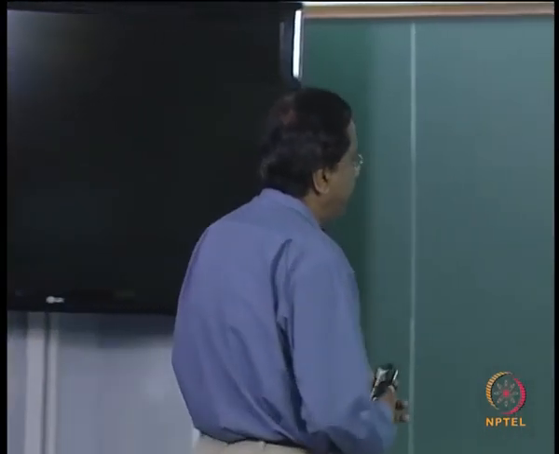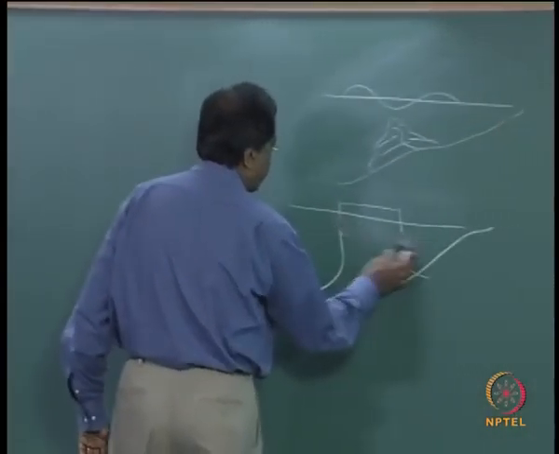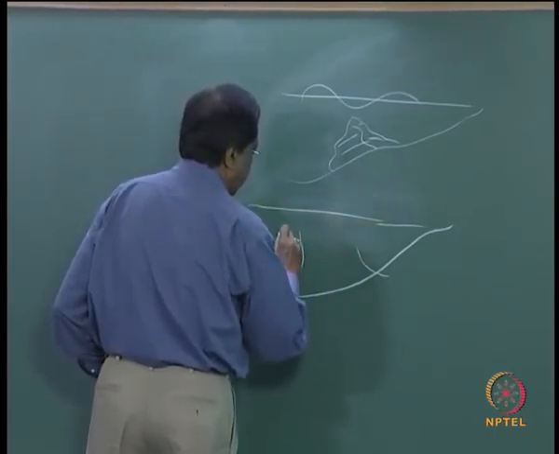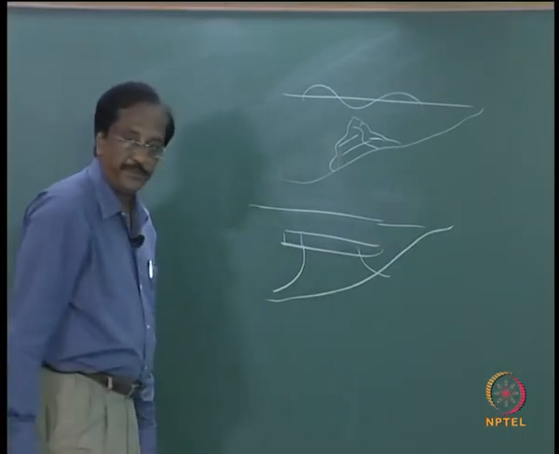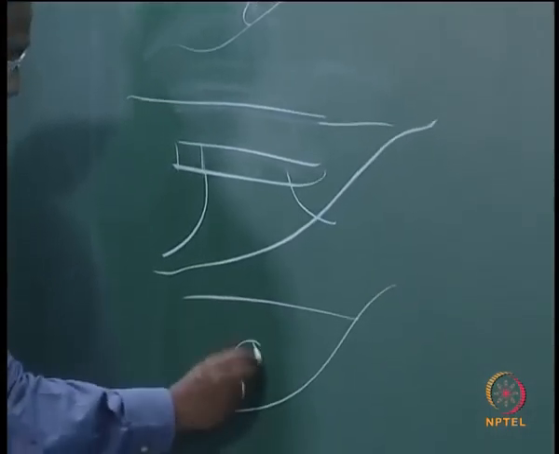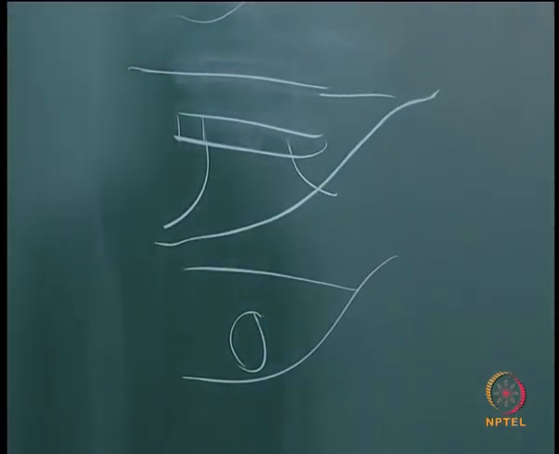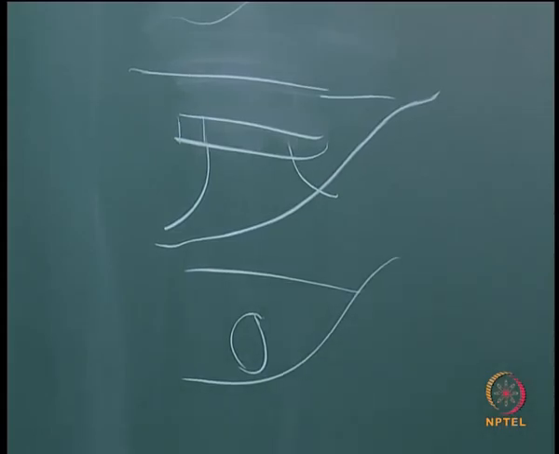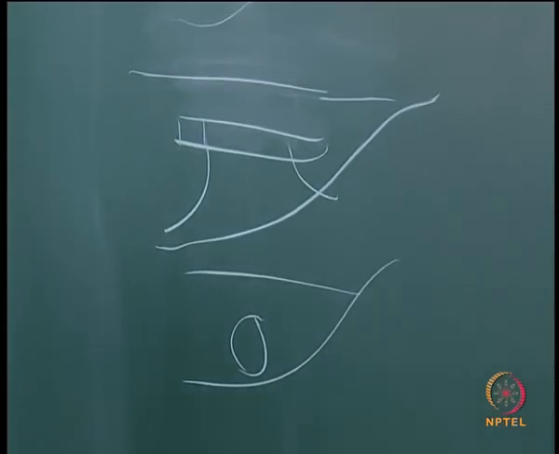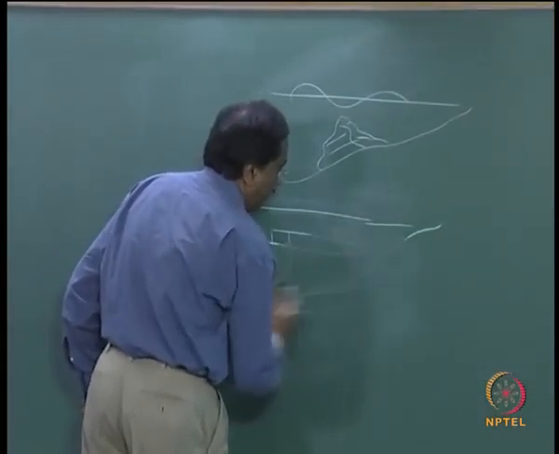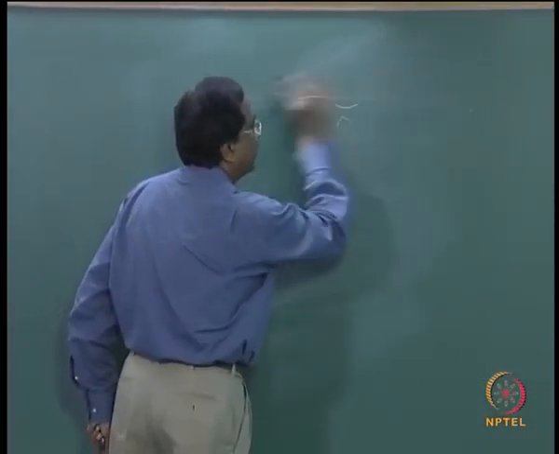This structure can be at the surface or it can be also at the bottom, or maybe even a pipeline. So, these are all artificial kinds of attenuators which can alter the waves, the shape of the waves.